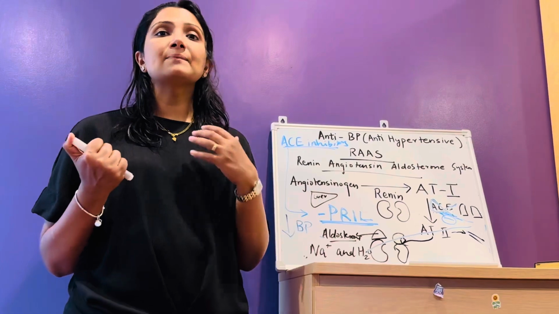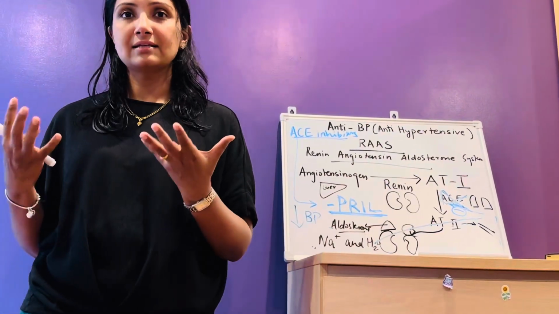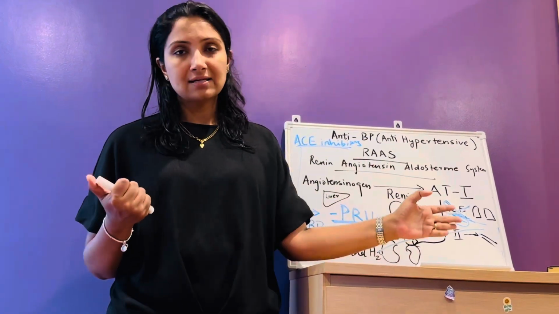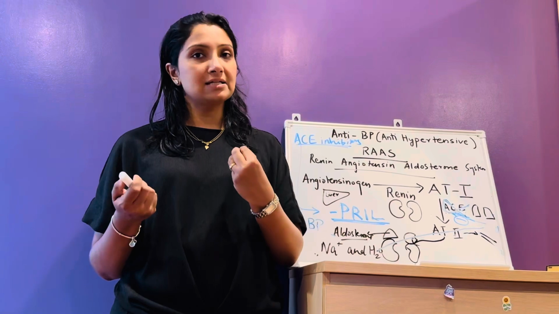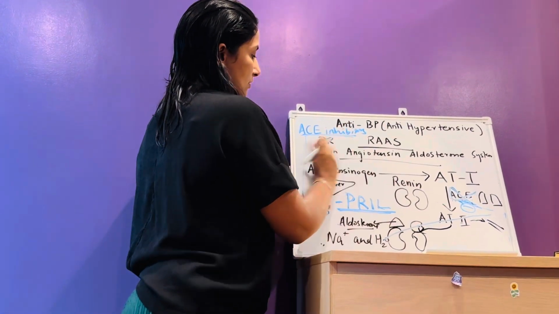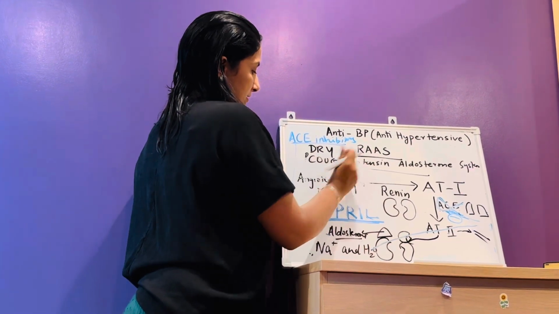If the patient complains of cough, it usually doesn't go away. So, either you'll have to switch to another antihypertensive or give antitussive drugs. So, dry cough, a very important side effect of ACE inhibitors.